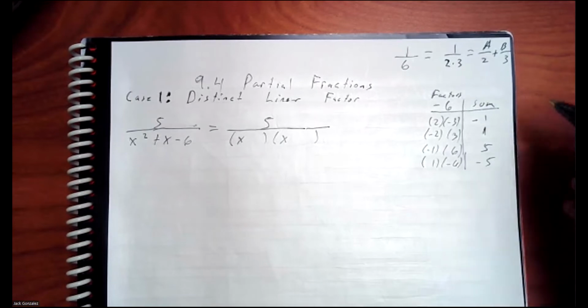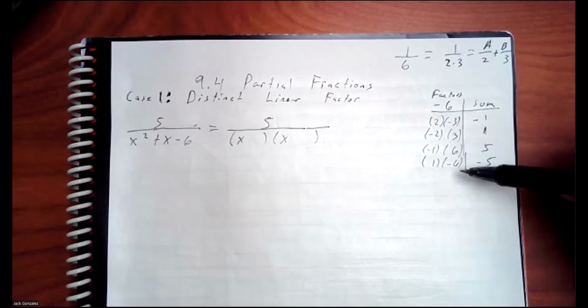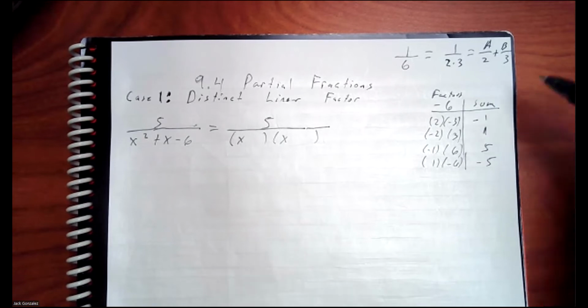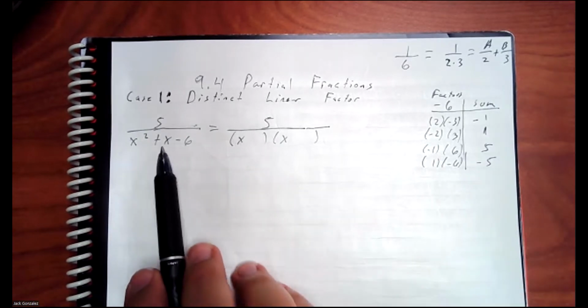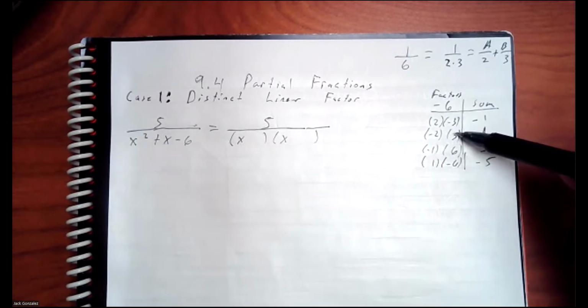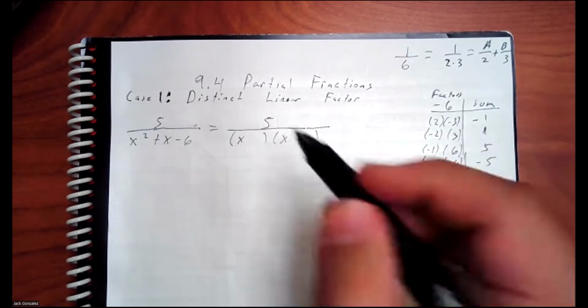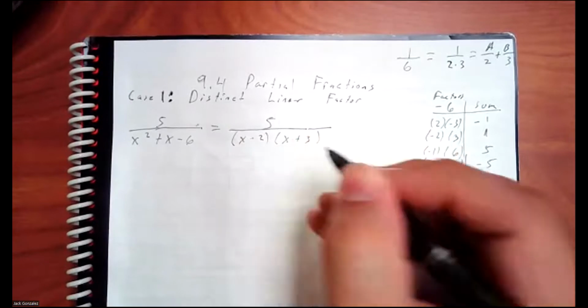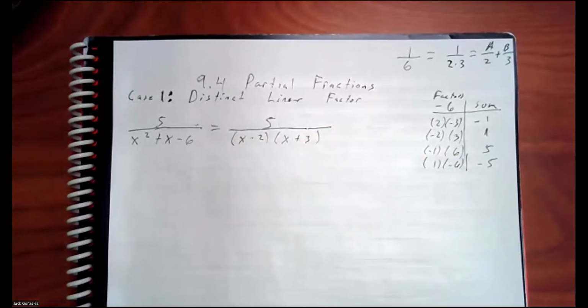So here are the answers for adding these up, adding the factors, not multiplying. So then you choose the one that adds up to the number in front of the x. There is no number, so it is implied to be a 1. So these are the numbers that we're going to use. These are the answers. So -2 plus 3. And that's what they had earlier, right? You guys remember doing this.